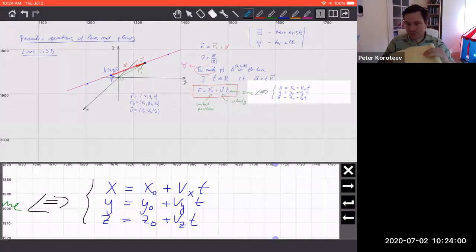If you have a plane, then there's a vector which is orthogonal to it, and it suffices to give one vector. As long as you know the coordinates of the vector orthogonal to the plane, the other thing you need to know is some point on that plane, and that's it.